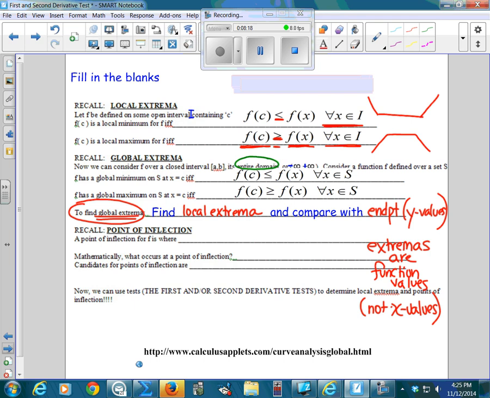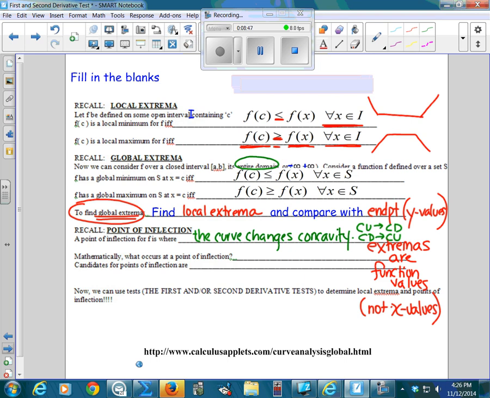Reminder as to what a point of inflection is. A point of inflection for f is where the curve changes concavity. So it might go from concave up to concave down, or concave down to concave up. What occurs at a point of inflection?